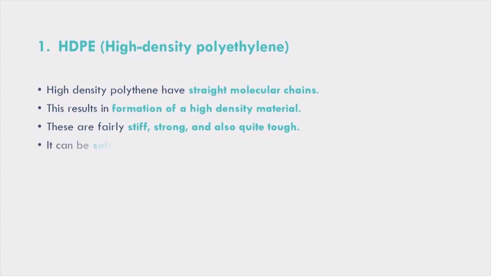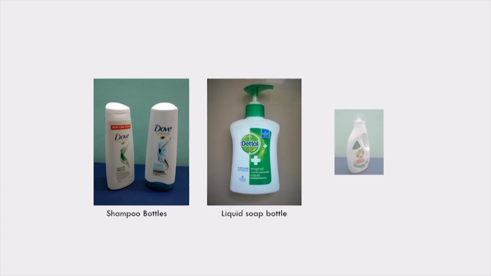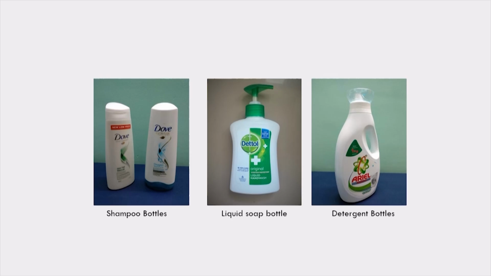It can be softened at a high temperature around 120 to 130 degrees Celsius and are chemical attack resistant. Shampoo bottles, liquid soap bottles, detergent bottles are few examples.